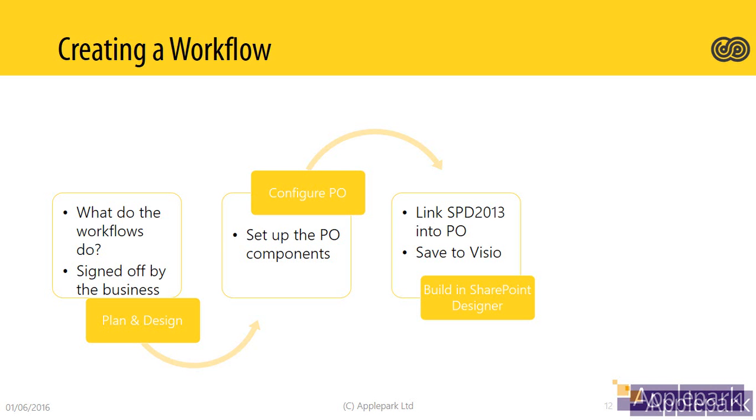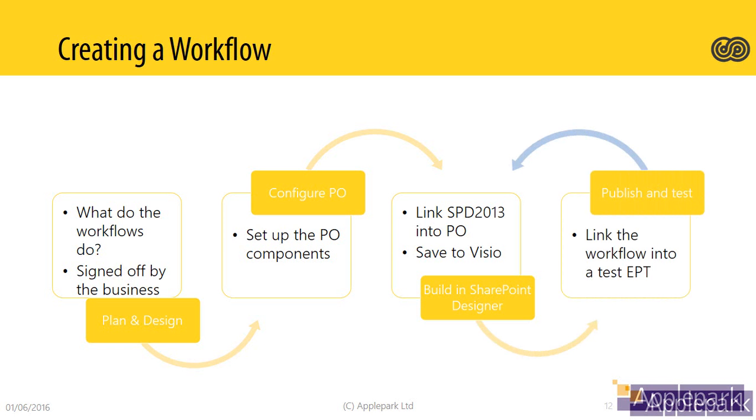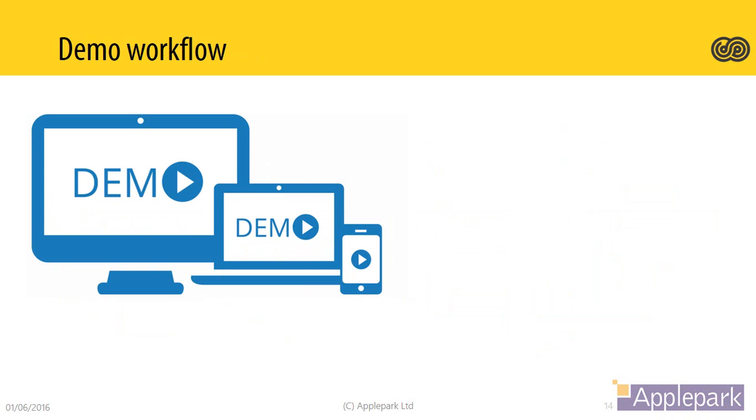Okay, so I can keep a copy of it elsewhere. And then I link the workflow into the enterprise project template, which was the gentleman's question at the end. I go and test that, publish it and test it, and then of course I might go back and do some rework of the workflow. Okay, so that's kind of the process for creating the workflow.